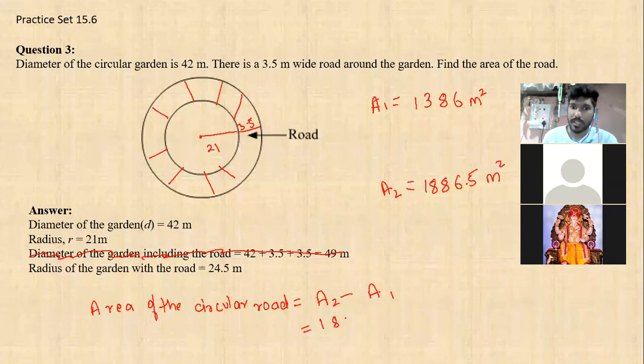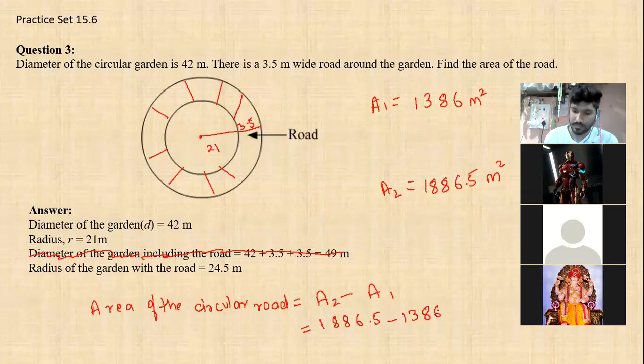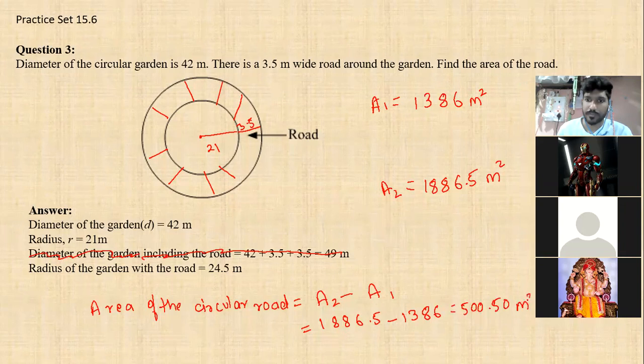So it would be 1886.5 minus 1386. So if you do the subtraction, 500.5 square meter. This is the area of the road, means the area of the shaded portion here. The area of this portion is 500.5. Is this clear?